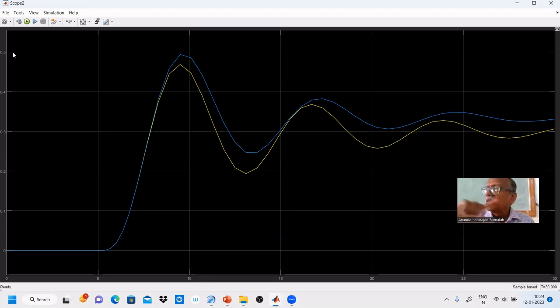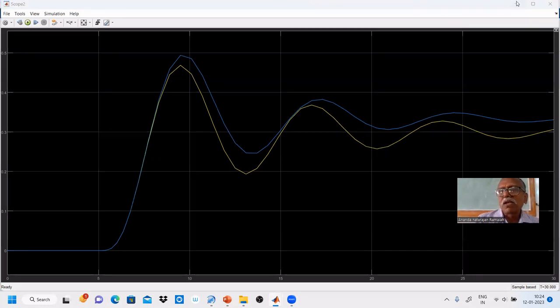You are giving unit input. That's why the output will be 1. But because of the controller, it reduces to around 0.3. Otherwise, with no controller the disturbance will bring the process to 1, much deviation. So now let us check. You have to trace this regulatory response for the P only controller.